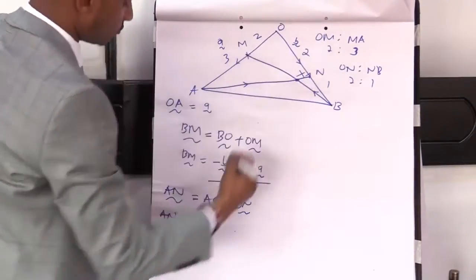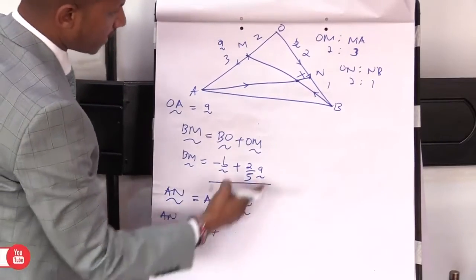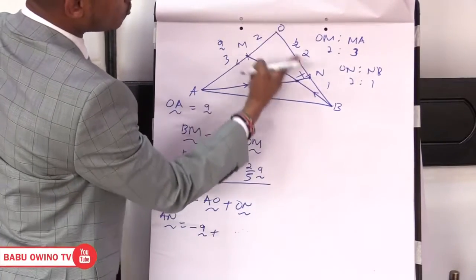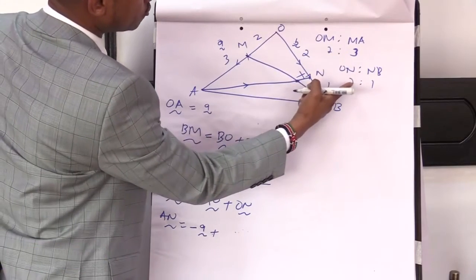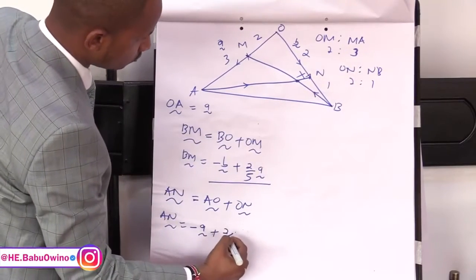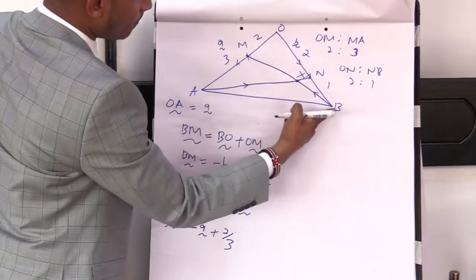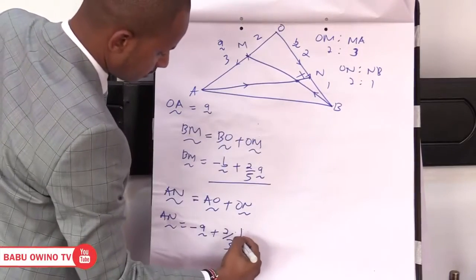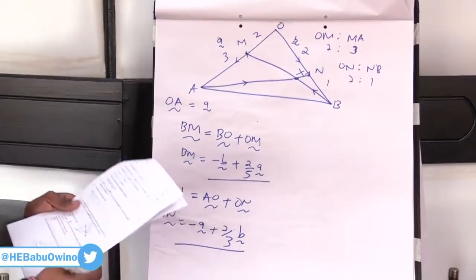You are changing direction, which is negative A, plus O to N. O to N, the ratio here is 2. O to N is 2 over the total ratio, which is 3, of OB, but OB is B. You've harvested another mark.